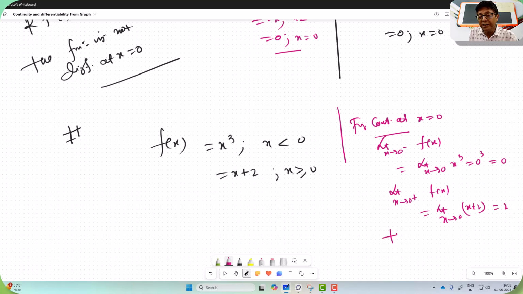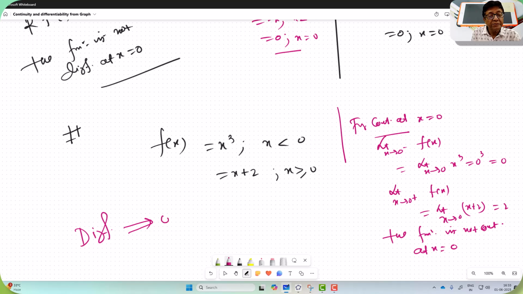The function is not continuous at x equal to 0. And you have seen that differentiability ensures that the function was continuous. Okay. So differentiability ensures continuity of a function at a point.